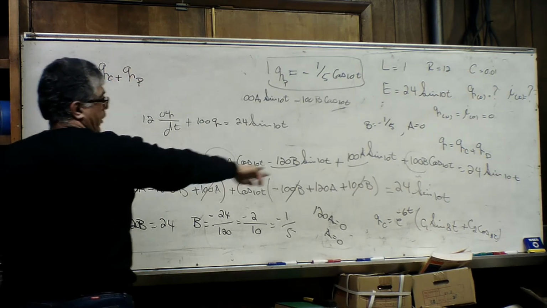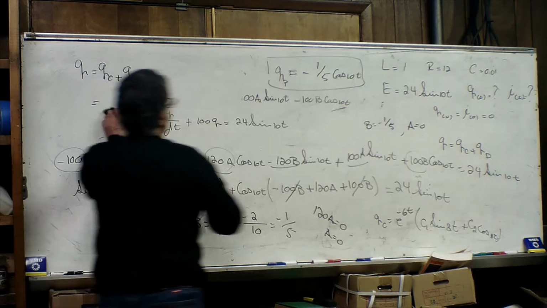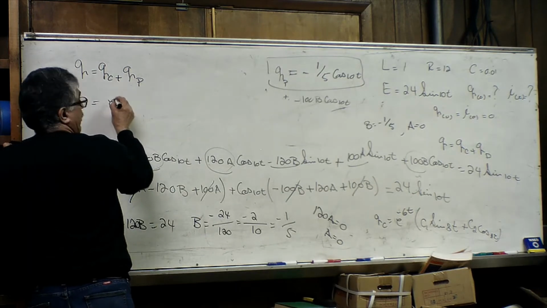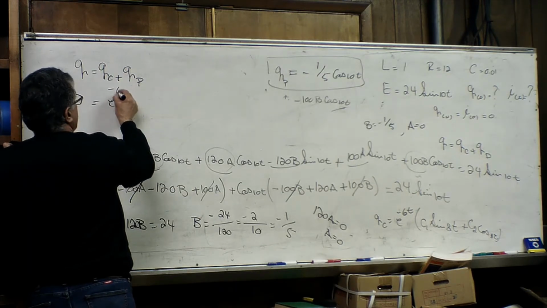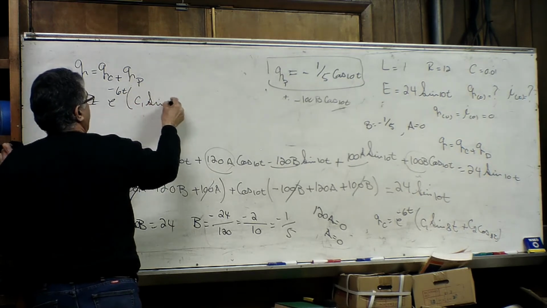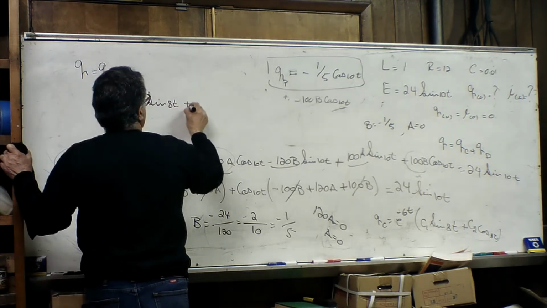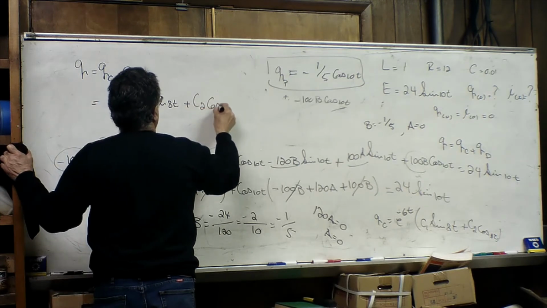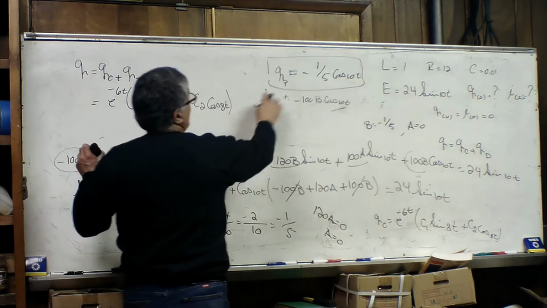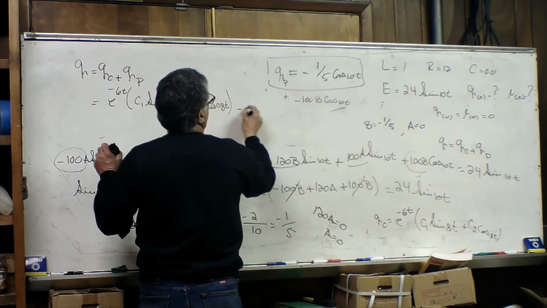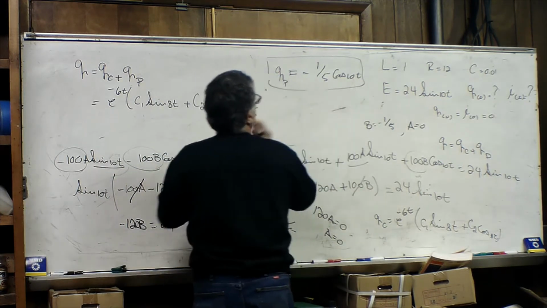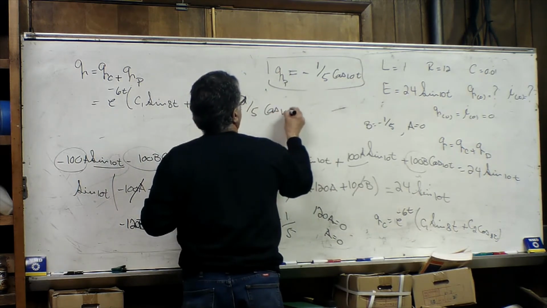We found qc, which is e to the power minus 6t multiplied by C1 sine of at plus C2 cosine of at, plus qp, which is minus 1/5 cosine of 10t.